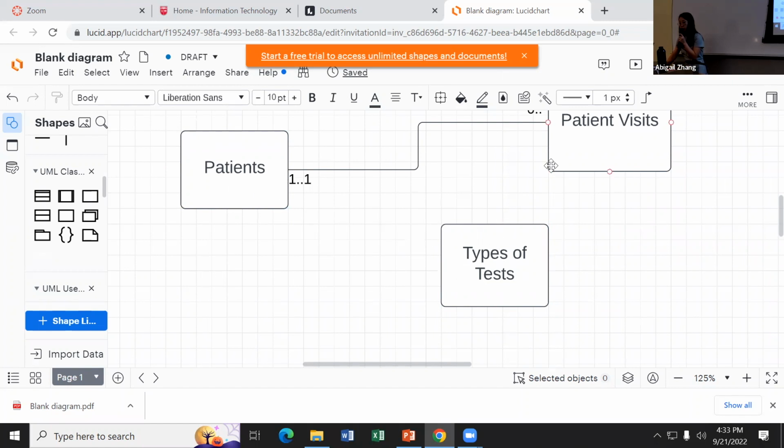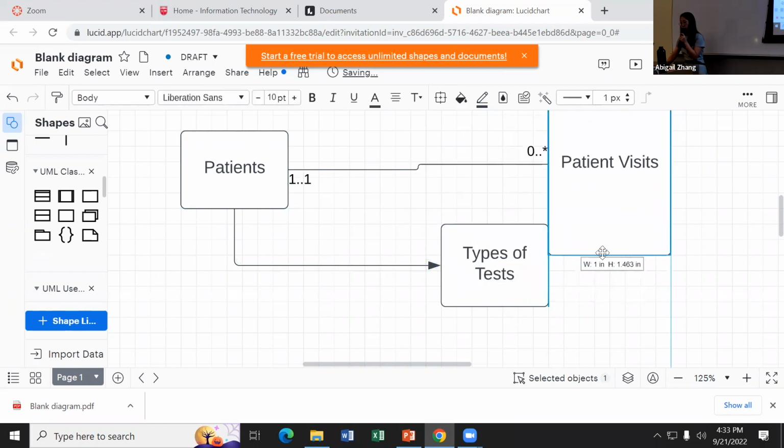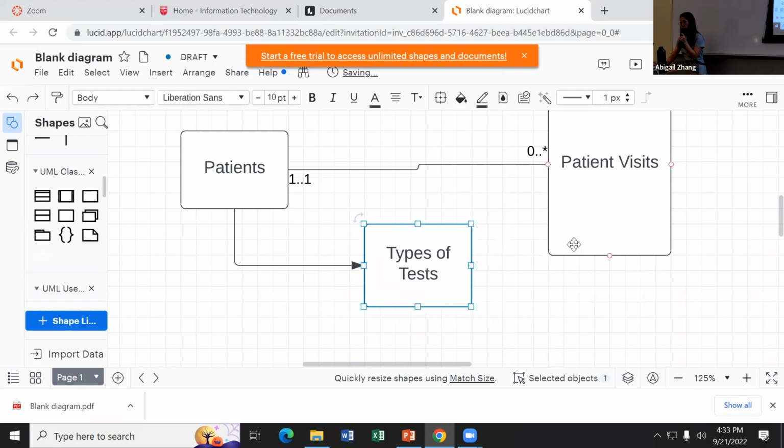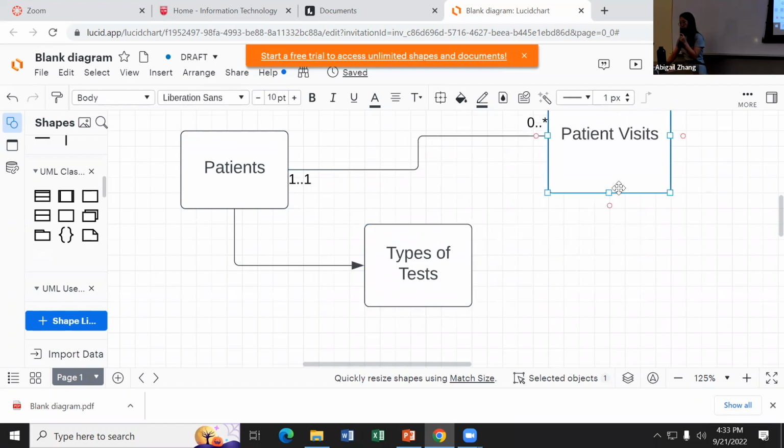And should we establish a link between patient visits and types of tests? That is to say, should we do this, or are there any lines that we can keep and some that can be dropped? Let me just make it look better.